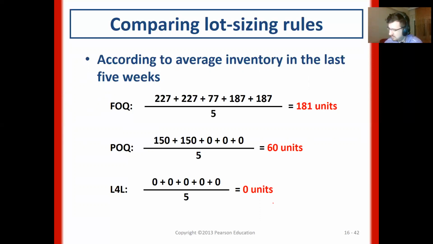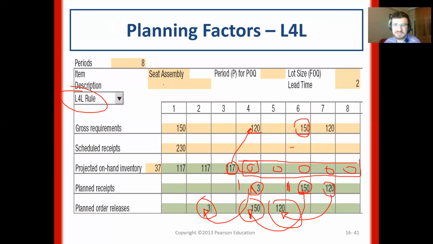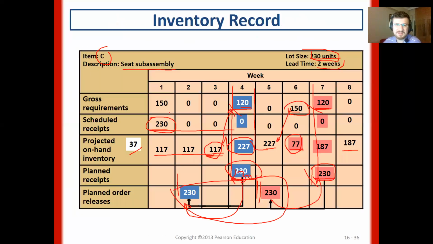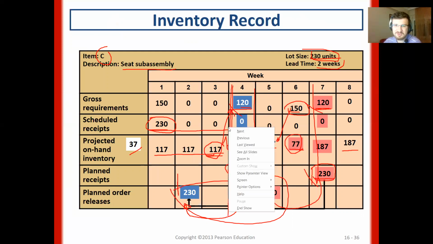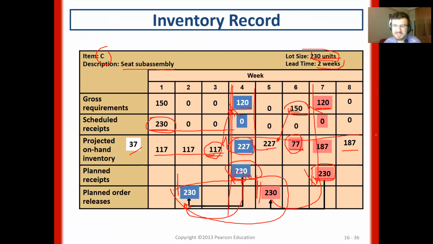Okay, so where do these numbers come from? These numbers come from the fixed order quantity policy. Let me show it. That was a fixed order quantity policy, and starting from week 4, we gave orders, and these numbers are on-hand inventory numbers from week 4 to week 9.